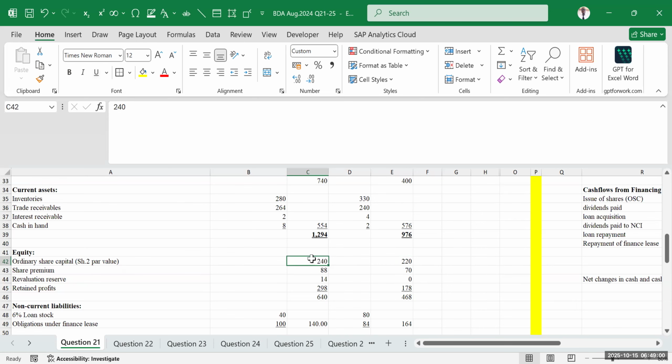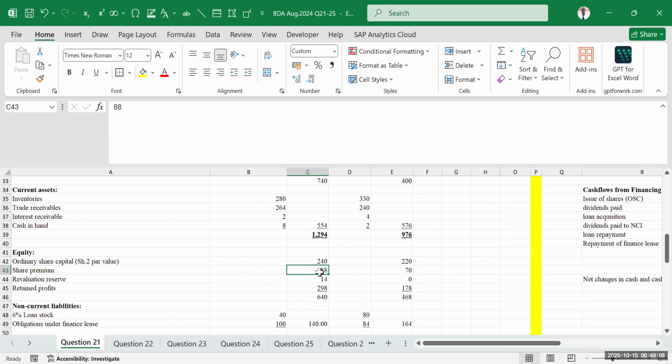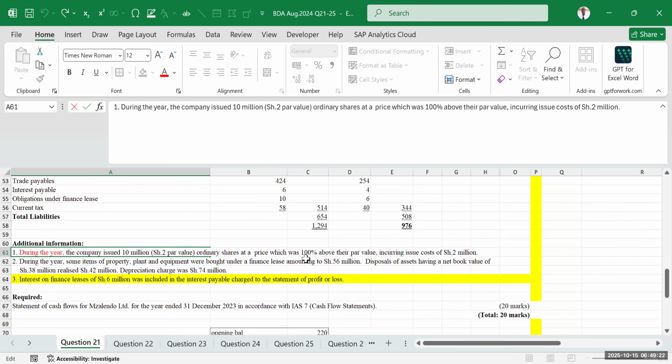On the same side, if we look at the share premium account, we see again it shifted from 70 to 88, an upward movement. Share premium only moves upwards if there is an issue at a premium, at a price which is above the par value. And in note 1, you are told there was an issue which was 100% above the par value.